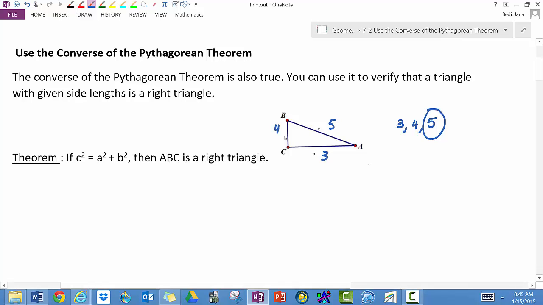First of all, is 3 plus 4 greater than 5? And that's a check. That means a triangle is possible. Now that it's possible, I'm going to check, is 5 squared, what is its relationship with 3 squared plus 4 squared? And I get 25.